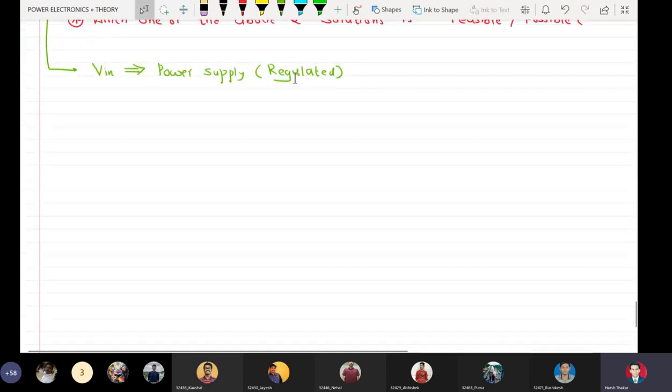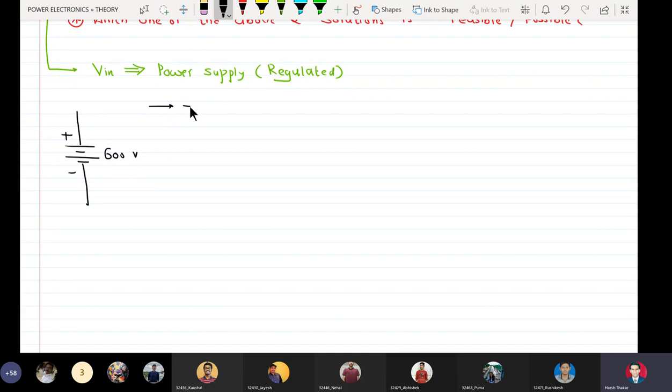And we need a potential of 600 volts. Understand one thing, that in a traditional lab setup, the power supplies which we are having have a VO max of 32 volts only.